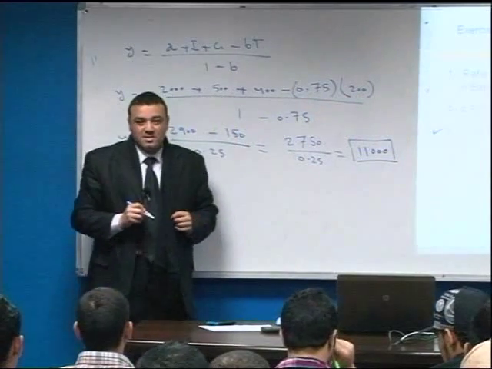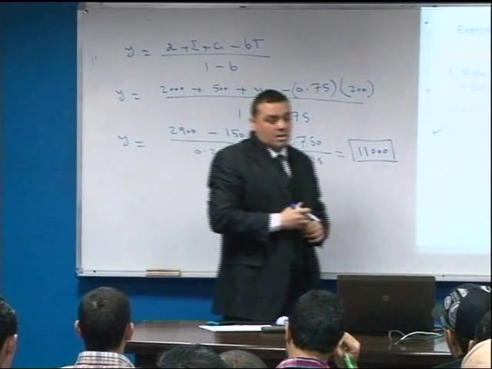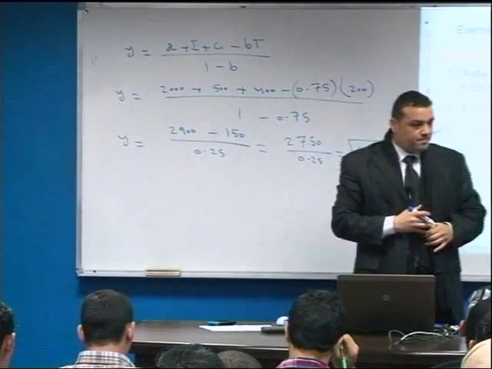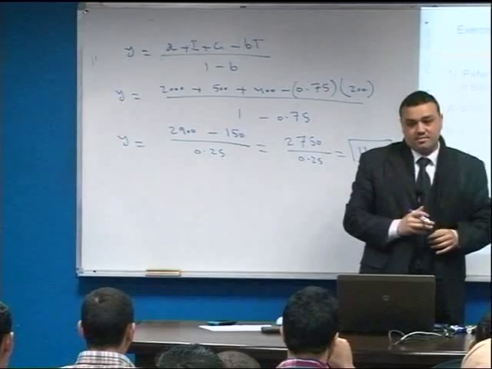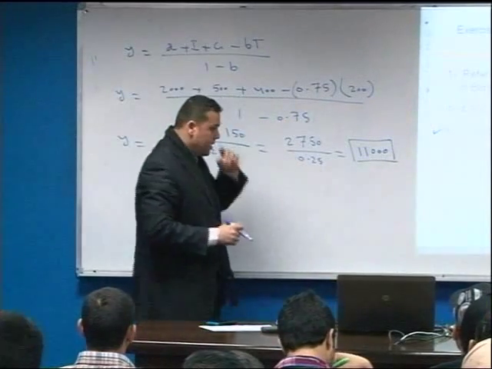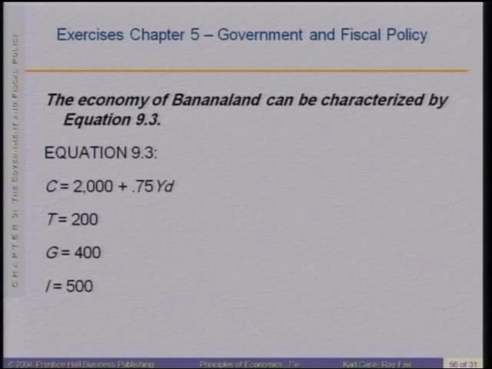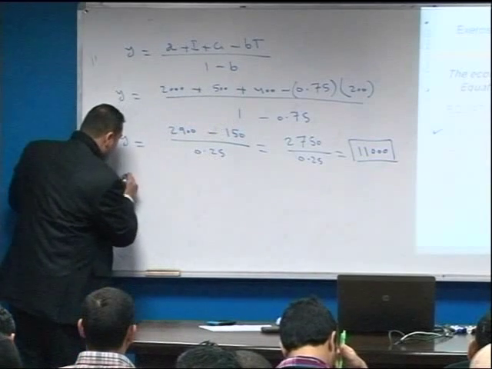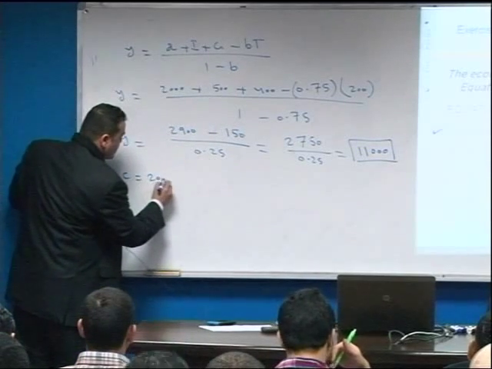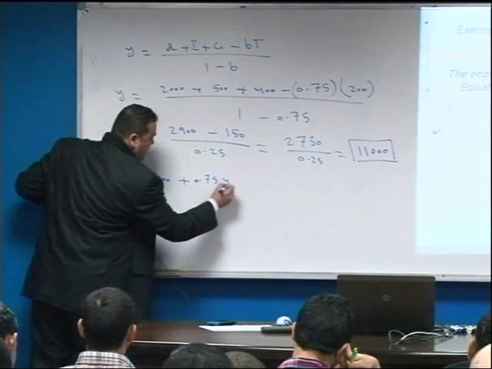Right? Is it difficult? Okay. Calculate the consumption and saving at equilibrium, the aggregate consumption and aggregate saving at equilibrium. Consumption C equals 2000 plus 0.75 YD.